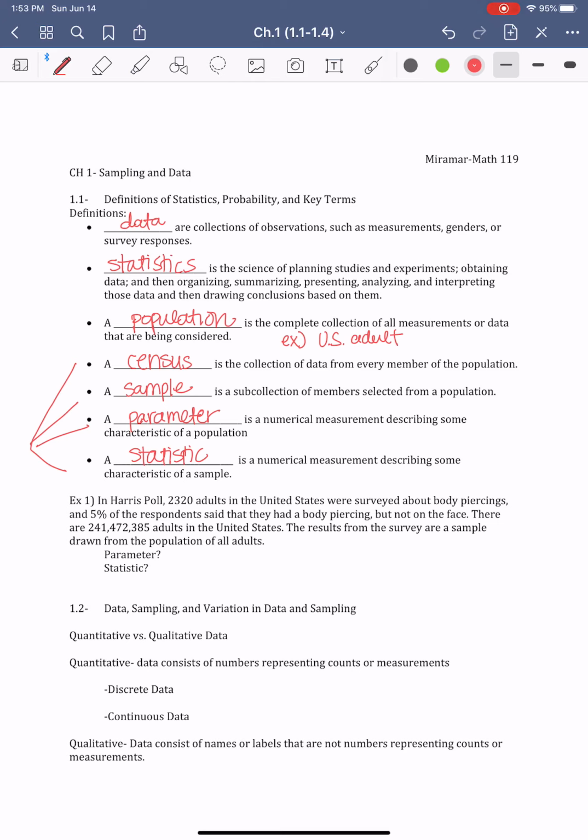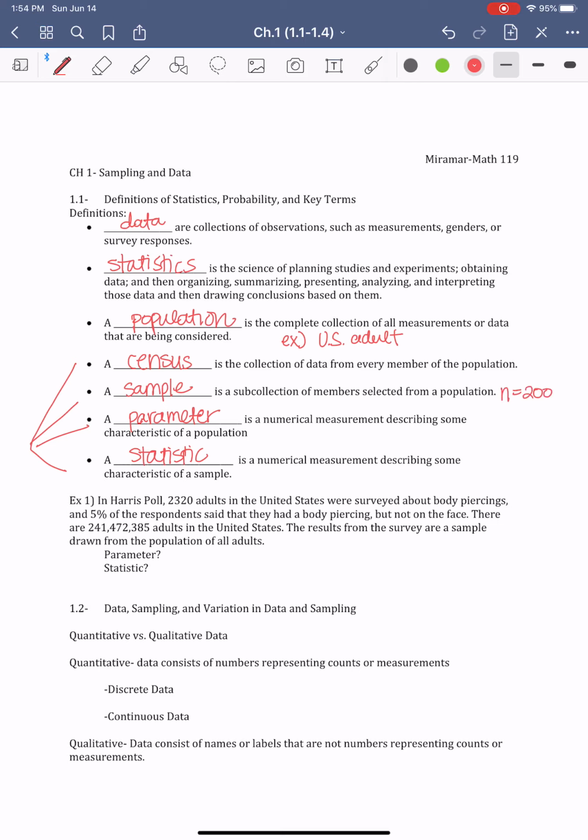Now, although you are doing an experiment based on all US adults, it's impossible to gather data from all of them. So what happens is we draw a subset, a smaller set. So that's a sample. Okay, so we pick a reasonable size, let's say 200 people.